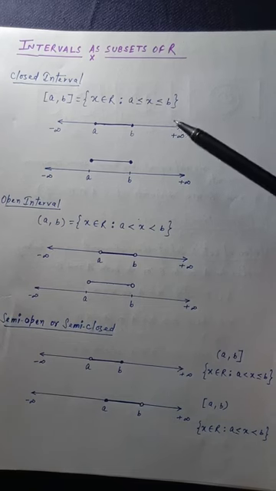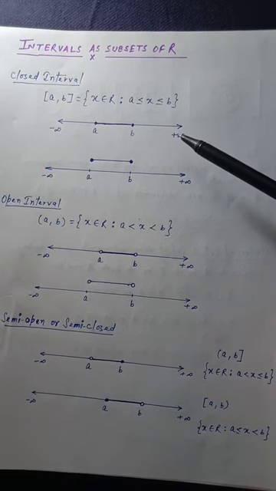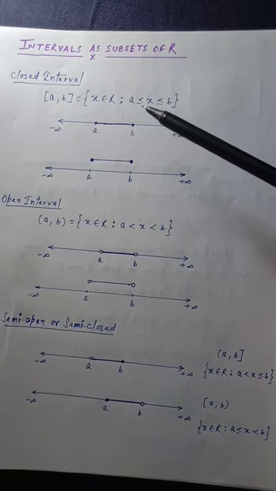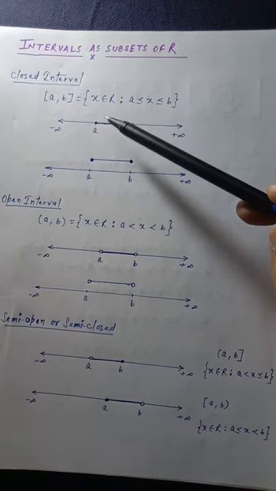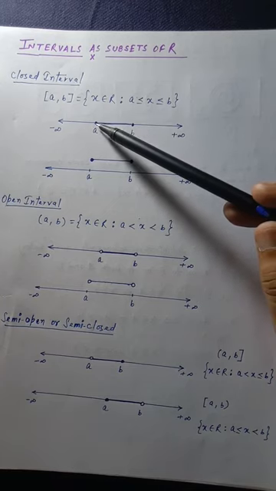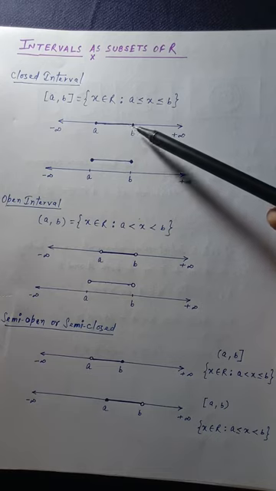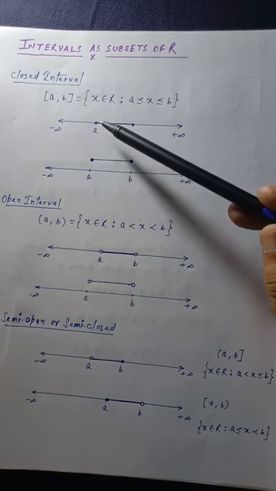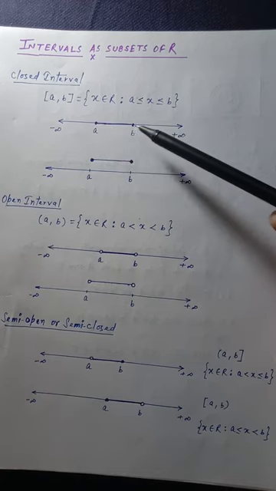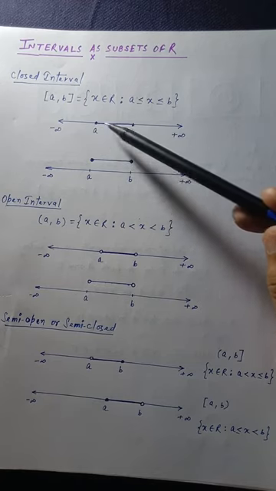You see, this is a number line. So on a number line, when the interval is closed, we can say the value of x is equal to a, greater than a, and the maximum value is b, and it is less than b. You can see here on a and b there is a solid circle.